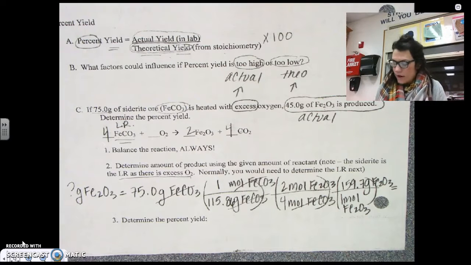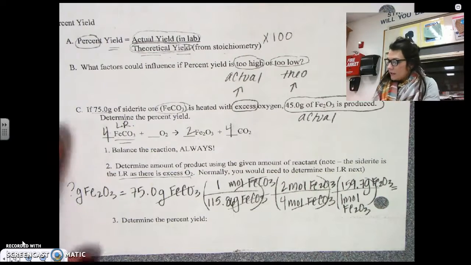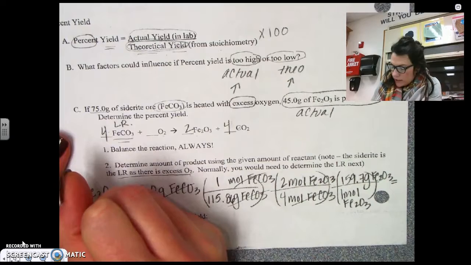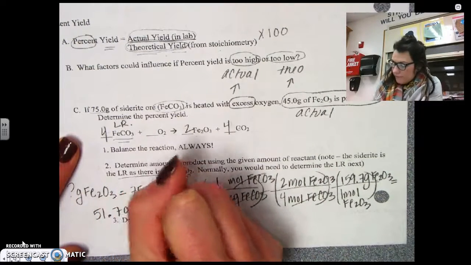So I'm going to do 75 divided by 115.86 times 2 divided by 4 times 159.7, and I get, watching sig figs, 51.7 grams of Fe2O3.